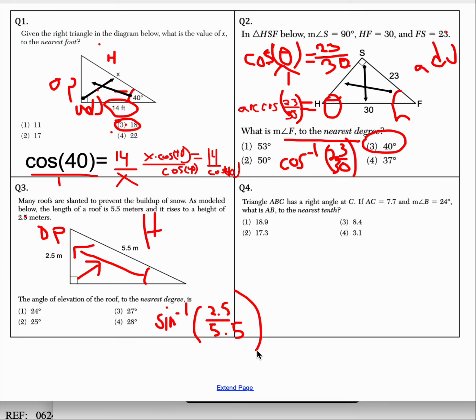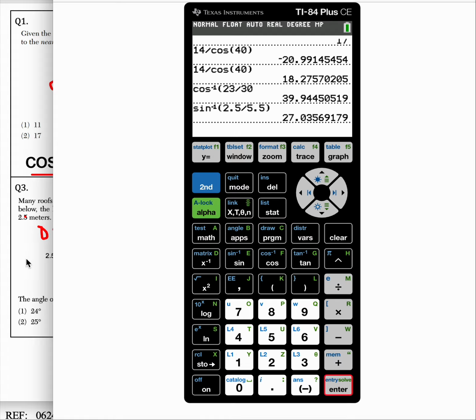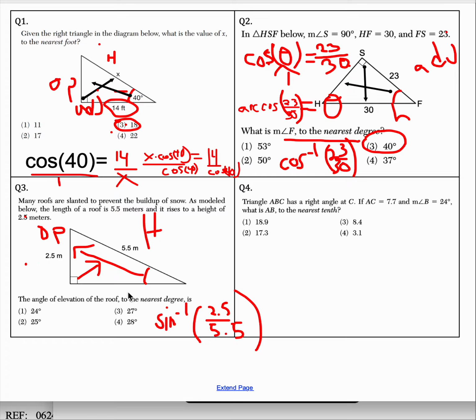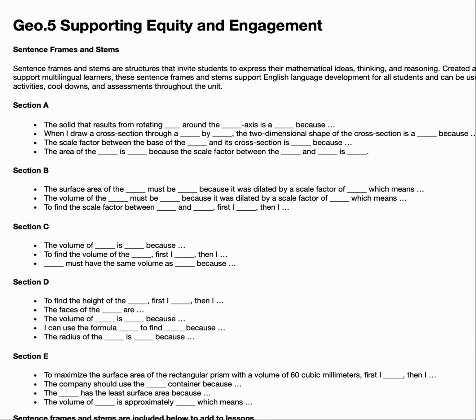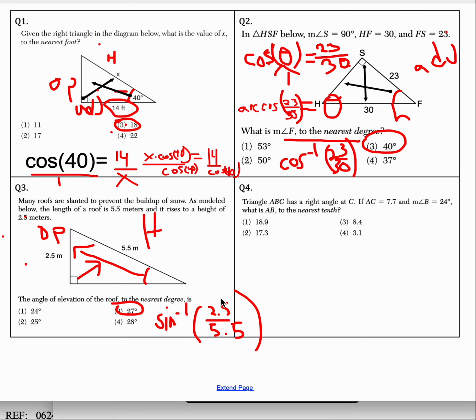So we have sine inverse of 2.5 divided by 5.5. Okay, enter. 27.03. Okay, we're going to the nearest degree, so we're going to 27, right? Because it's 27. Oopsie. All right, we're doing to the nearest degree.